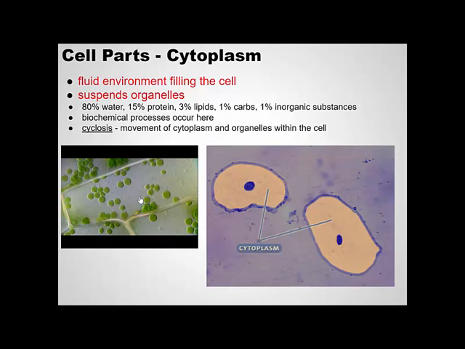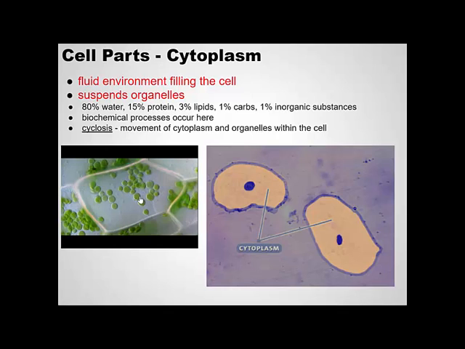So as you see the chloroplast moving, that's where the cytoplasm is moving as well. It's not just stuck there, it's not rigid. It's actually moving within the cell. So you can slowly see these chloroplasts moving, and that's because they're floating in that cytoplasm.